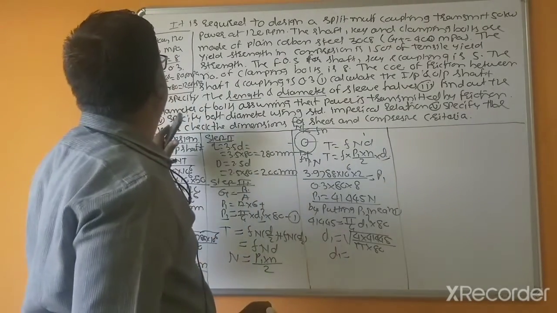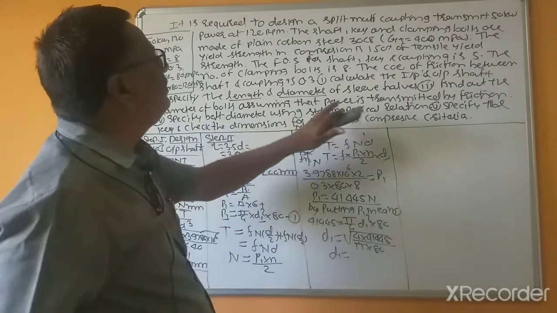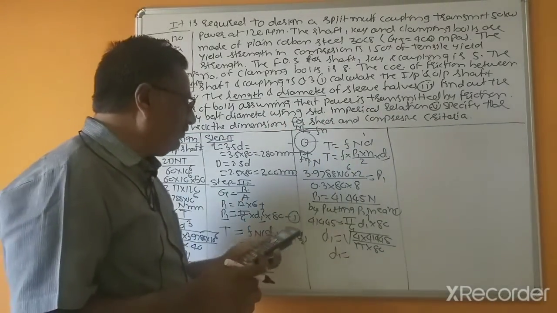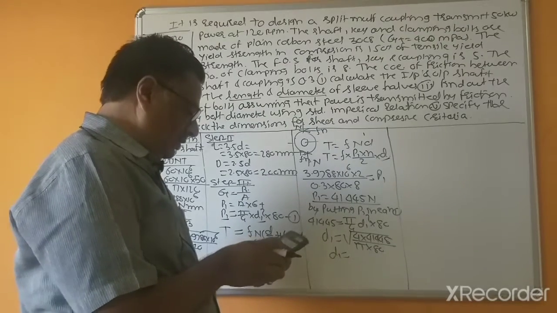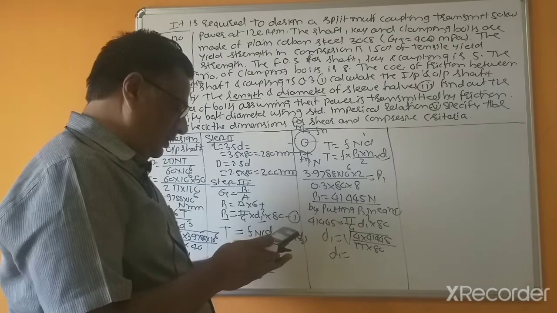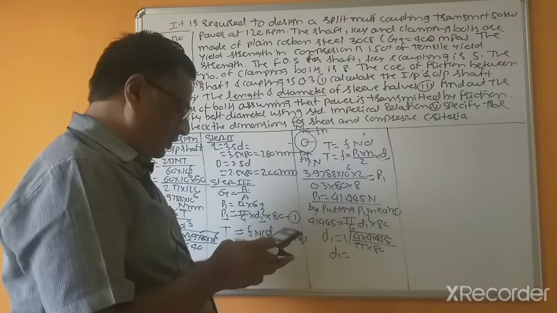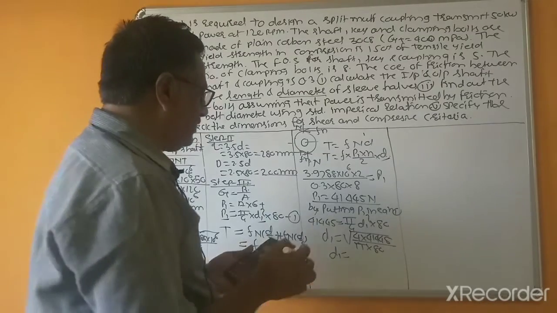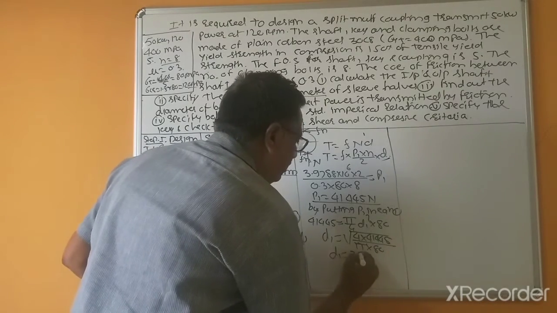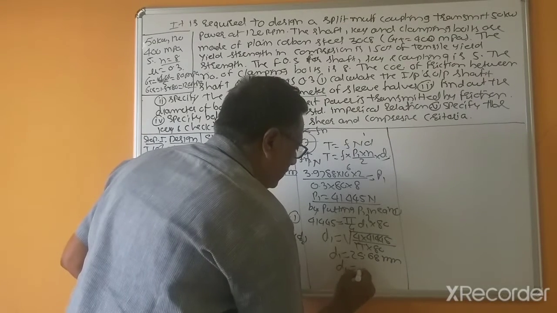So this is to find out the diameter of the bolts, assuming that power is transmitted by friction. So I got 25.68 mm.